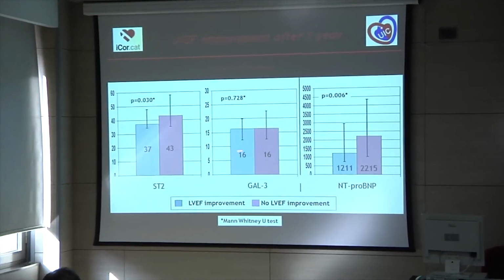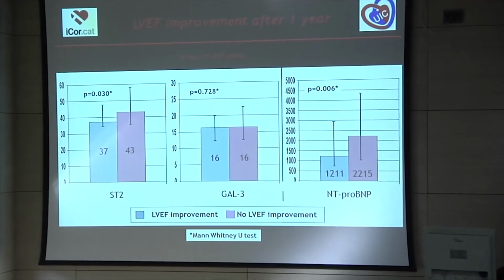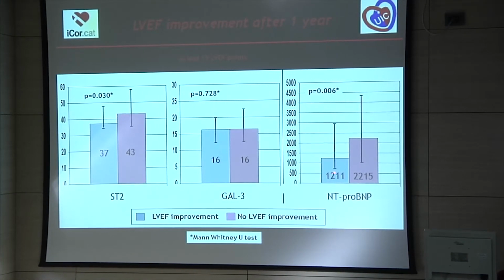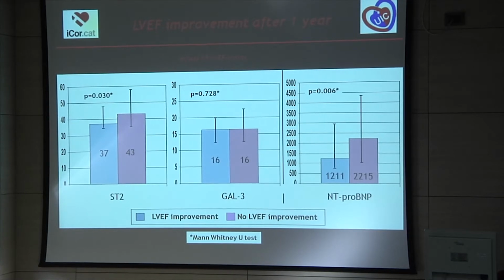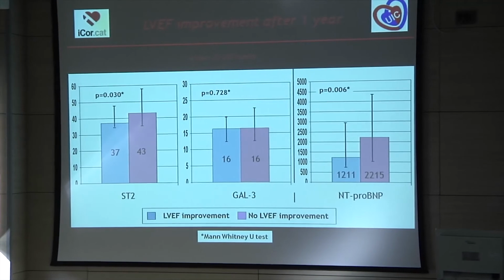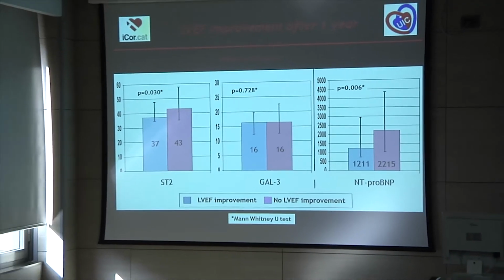GAL3, as you can see, 60-60. And NT-proBNP was 1200 against 2200, again significant. So it appears that NT-proBNP and ST2 are useful biomarkers to identify those patients who are going to do reverse remodeling in the long term.